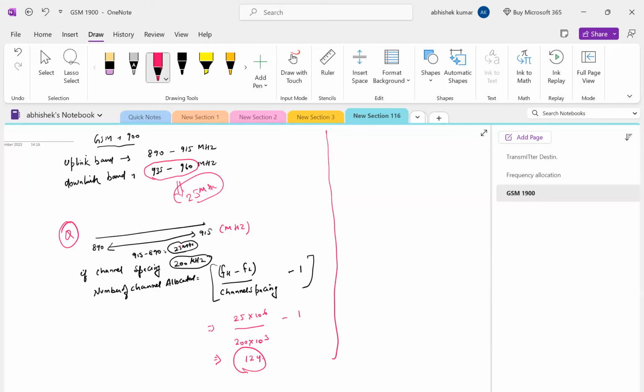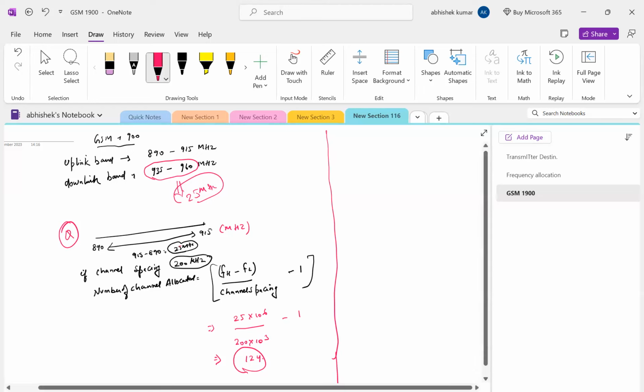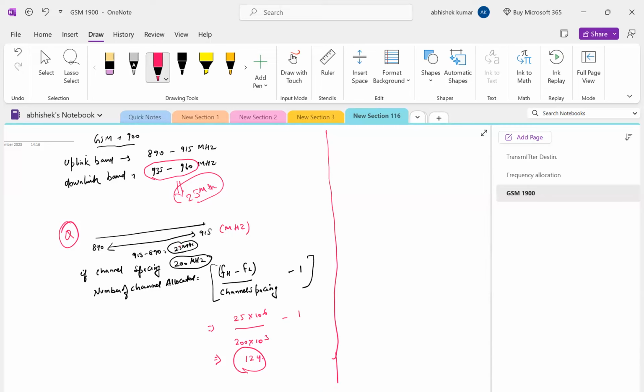Could I just ask something? Why do we need to allocate channels in between these? Yeah, very good question. Suppose for one communication, I have allocated these bands to you, bands for TV.